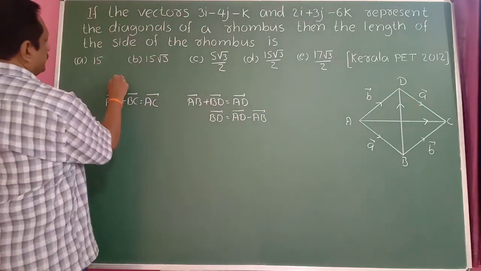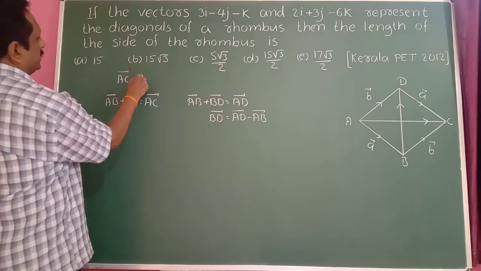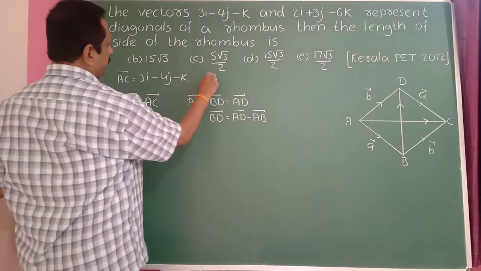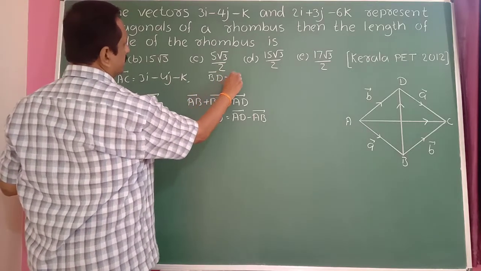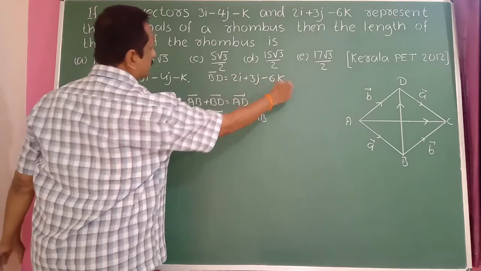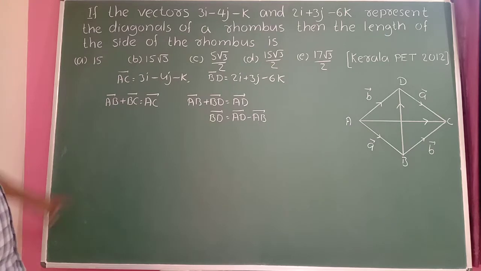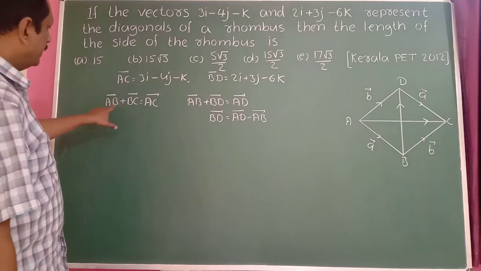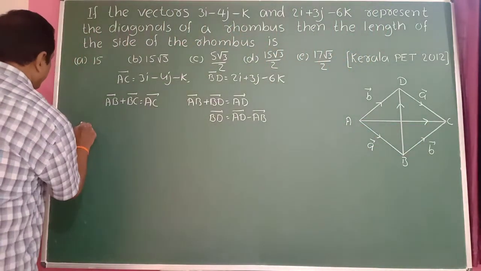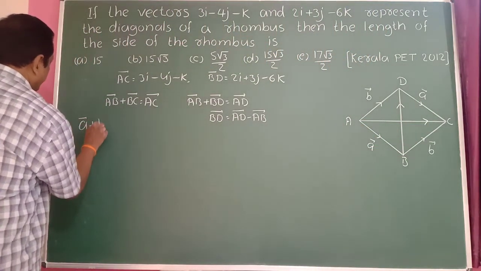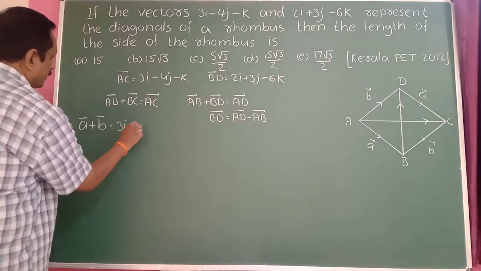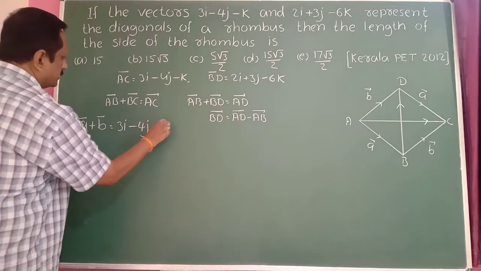So the vector AC bar is 3i minus 4j minus k, and the vector BD is 2i plus 3j minus 6k. These are the diagonals of a rhombus here. So AC is this vector. And AB plus BC: AB is a bar, BC is b bar here. So a bar plus b bar is equal to 3i minus 4j minus k.